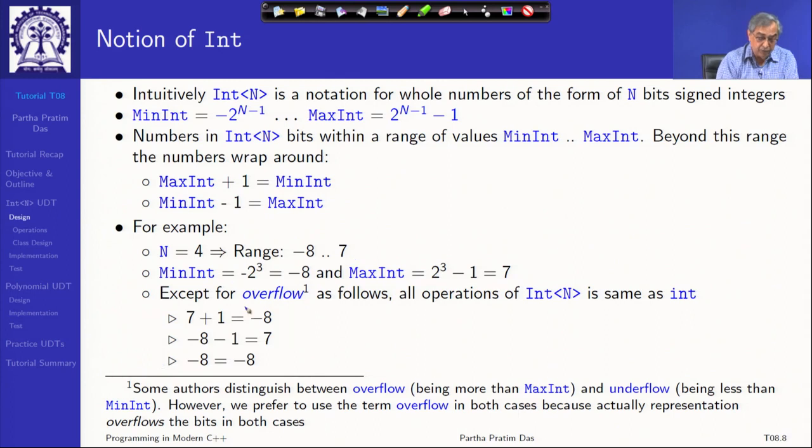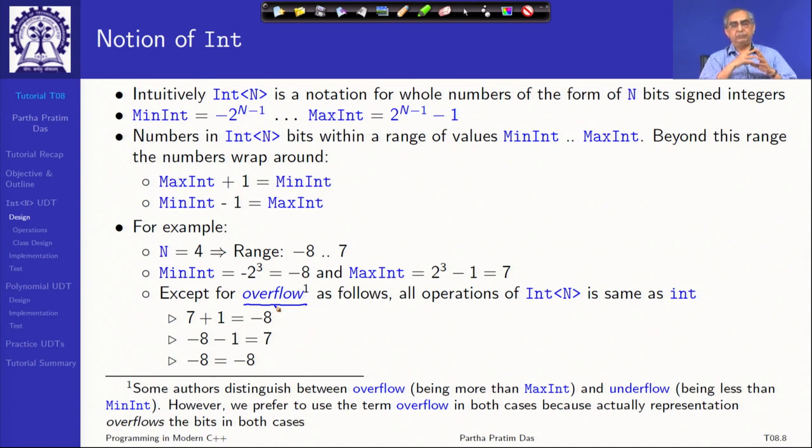These are the overflow conditions you will have. Just note that in the literature you will often find that going beyond the max int is referred to as overflow, while an attempt to get lower than min int is often called an underflow.